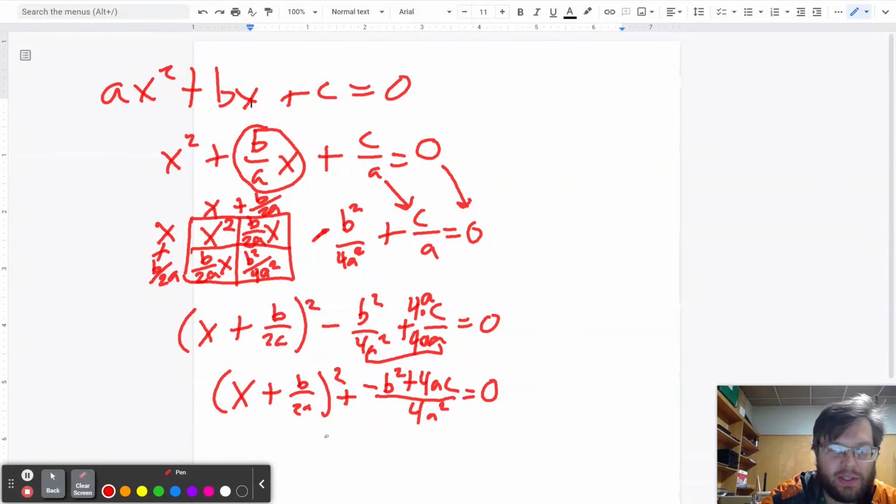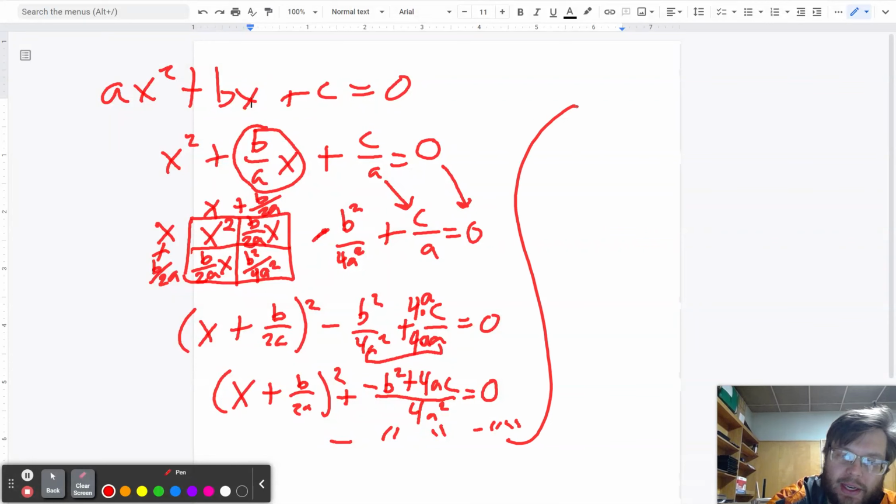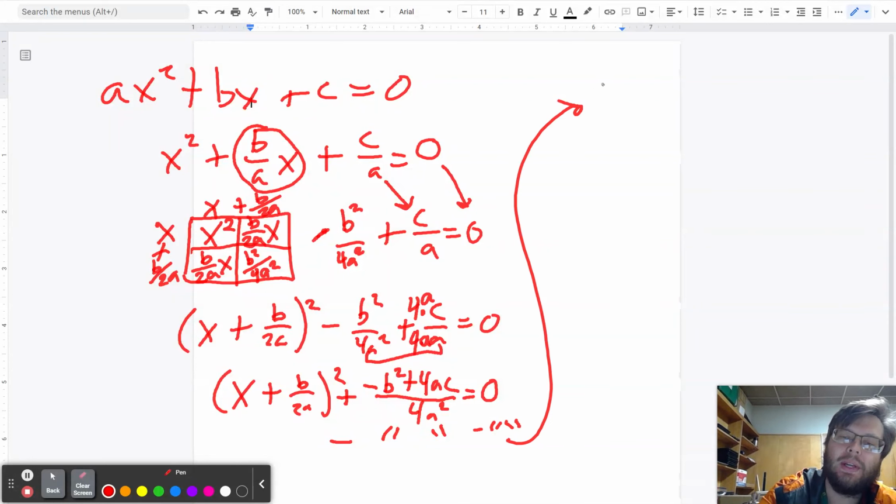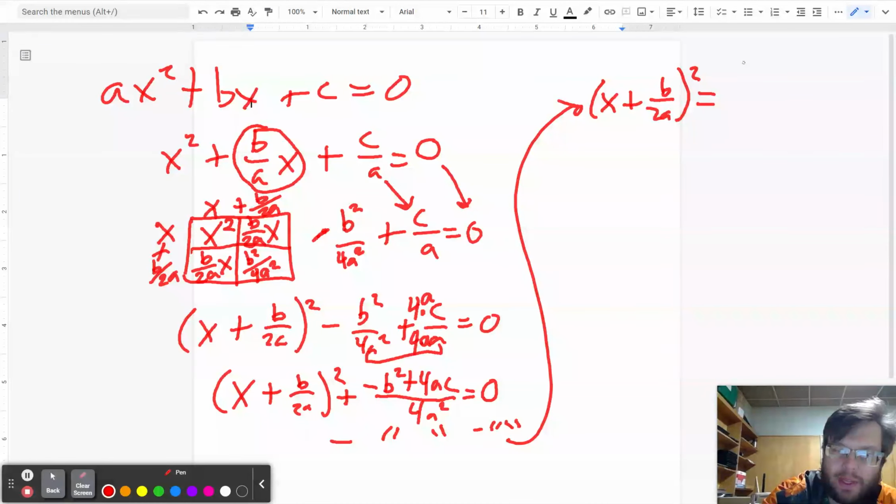What I'm going to do next is just subtract all of this stuff from both sides and slide up here. So now we have x plus b over 2a squared equals, if I subtract a negative, it becomes a positive. So positive b squared. If I subtract a positive, it becomes a negative.